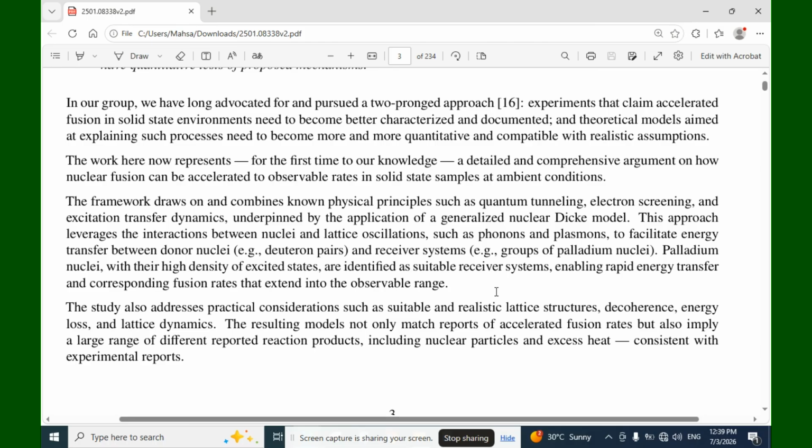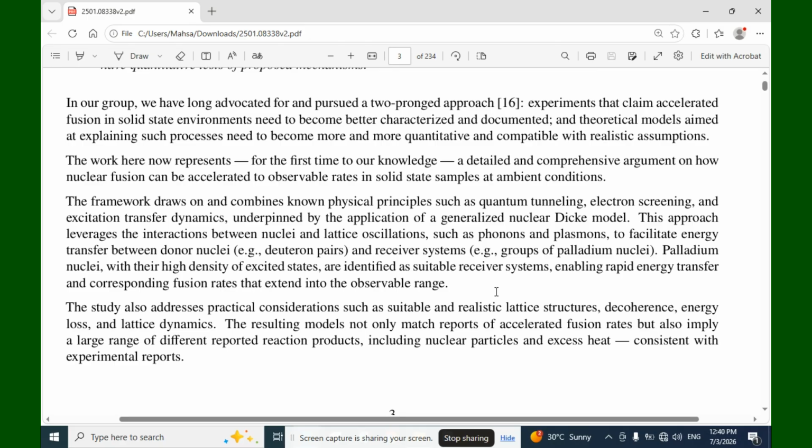The framework draws on and combines known physical principles such as quantum tunneling, electron screening, and excitation transfer dynamics, underpinned by the application of a generalized nuclear decay model.